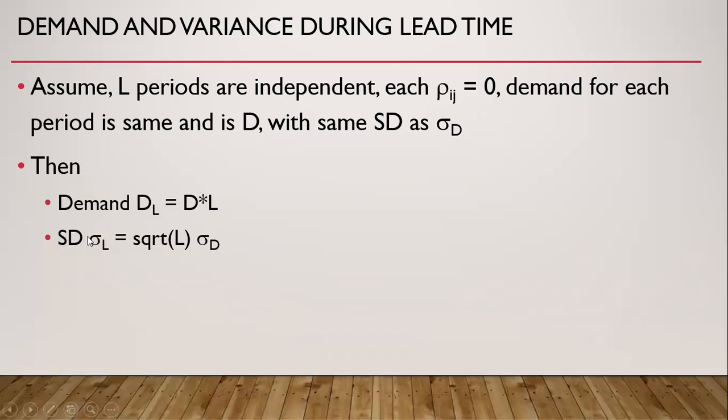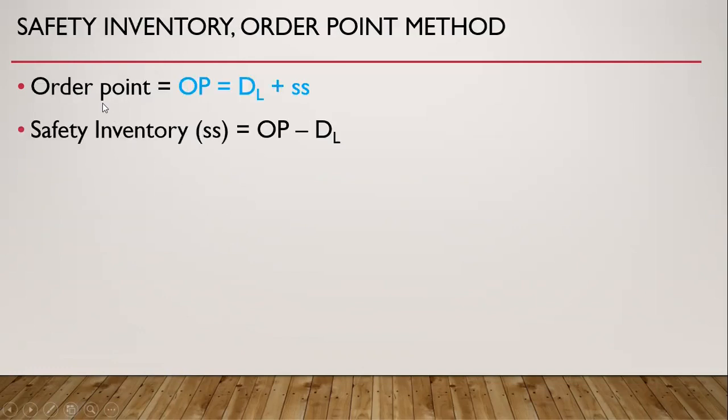And standard deviation during lead time is equal to square root of lead time multiplied by standard deviation of demand in each period. So order point is equal to demand during lead time plus safety stock. And safety inventory is hence equal to order point minus demand during lead time.